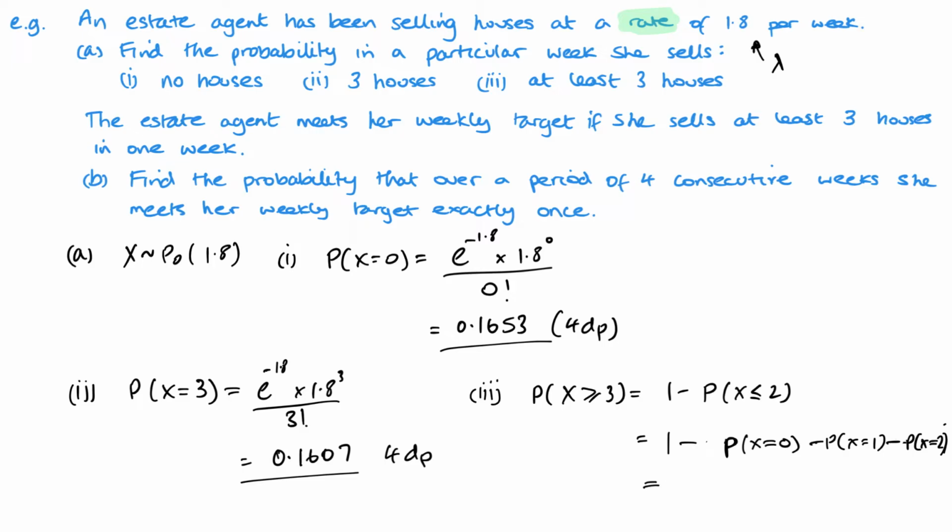It's totally up to you how you prefer to do it. Now, we've already worked out 3 and we've worked out 0, so you know how to work these out. So I'll just pop the answer up here. So the final answer for this one will be 0.2694, again to 4 decimal places.